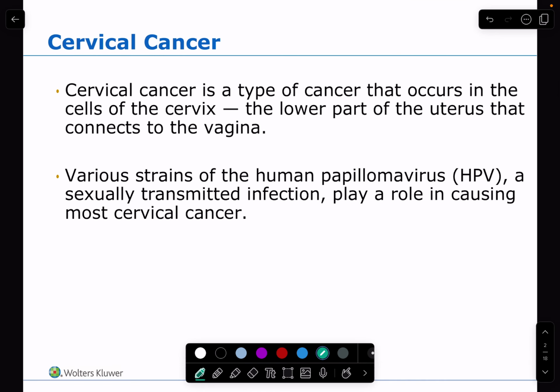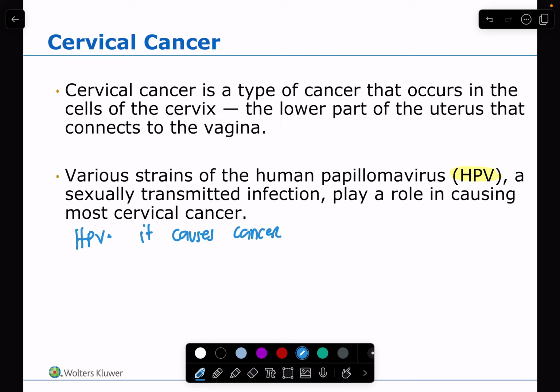Okay? So, various strains of the HPV or the human papillomavirus cause this type of cancer. As we have already mentioned last time, human papillomavirus is an oncogenic type of virus. Ibig sabihin, it has higher chances of causing cancer.